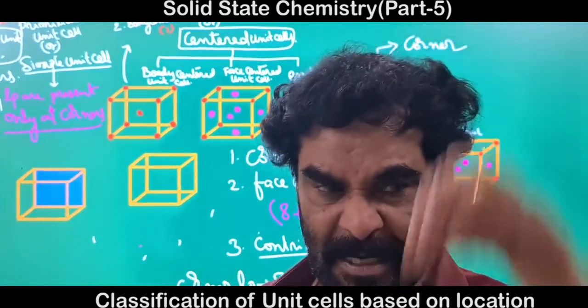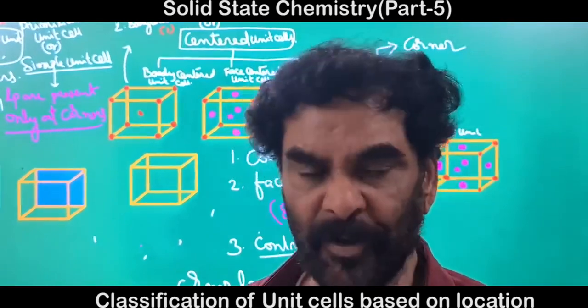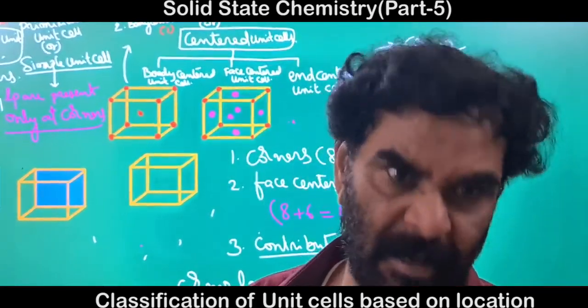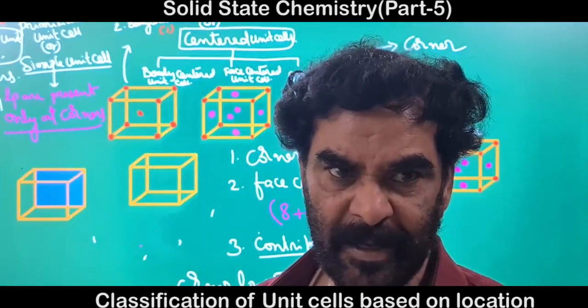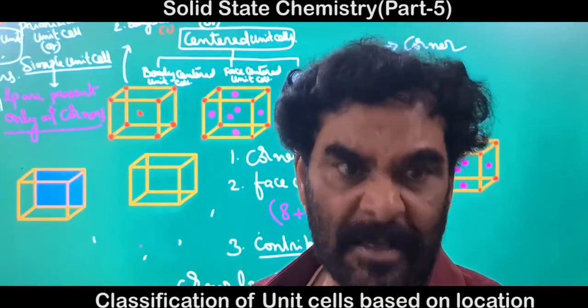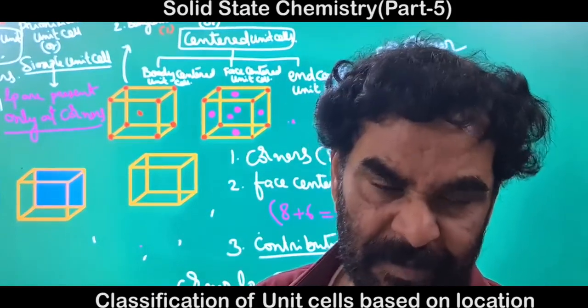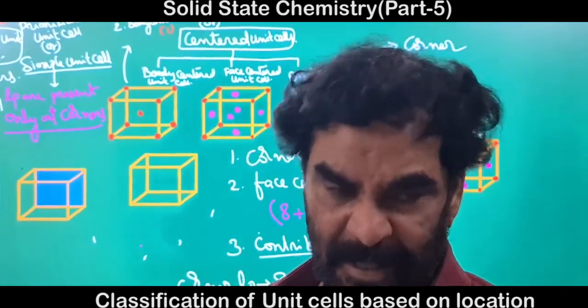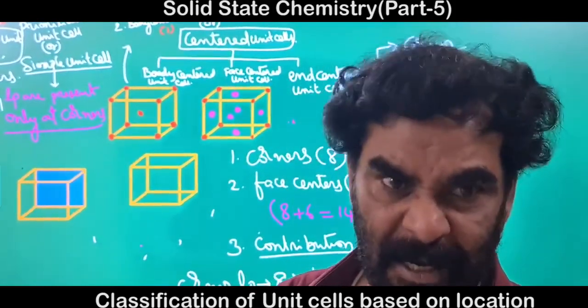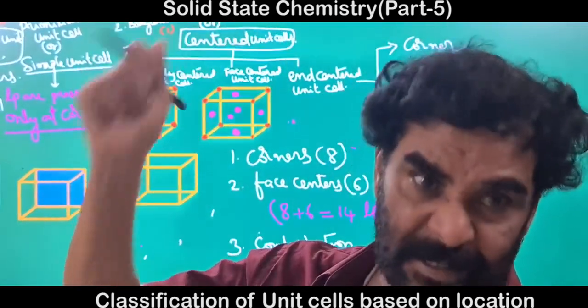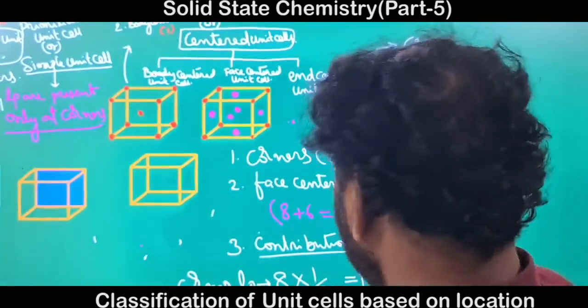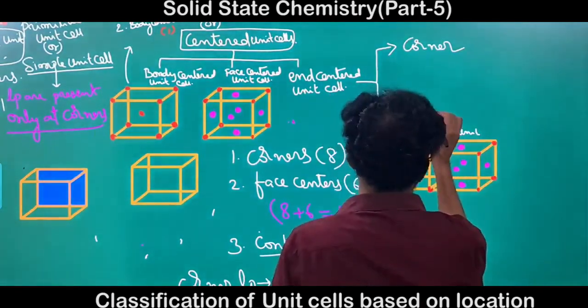If it is present at the center of the unit cell, it is called the body centered unit cell. If it is present at the center of the faces, it is called a face centered unit cell. The presence of lattice points at the face centers of the opposite ends is called the end centers.